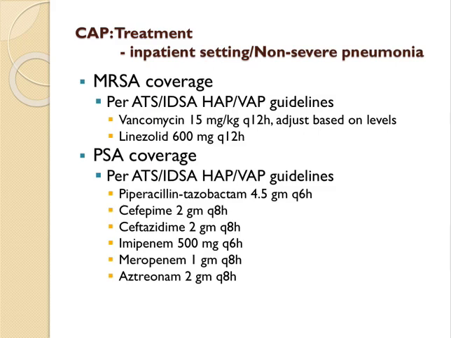And for Pseudomonas coverage, we would modify our standard regimen to include Pseudomonas coverage with one of the following. So you have an option of piperacillin-tazobactam, cefepime, ceftazidime, imipenem, meropenem, or aztreonam, specifically in penicillin patients with severe allergies.